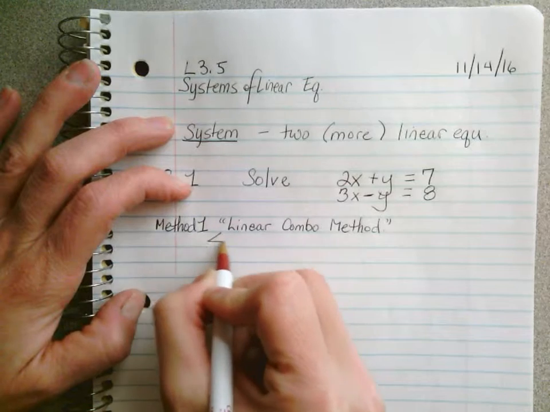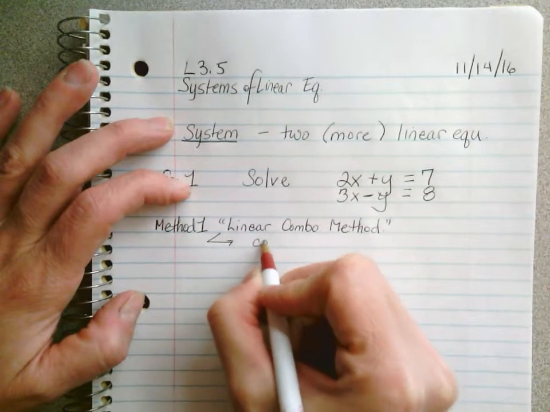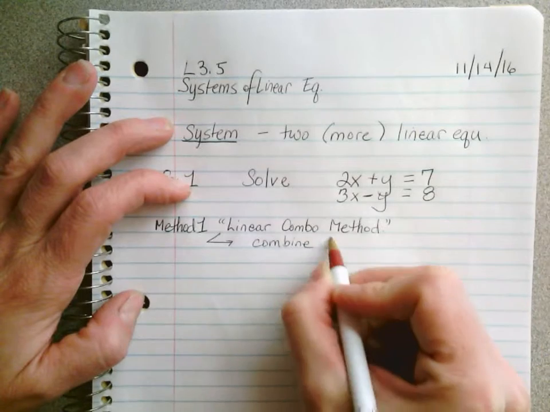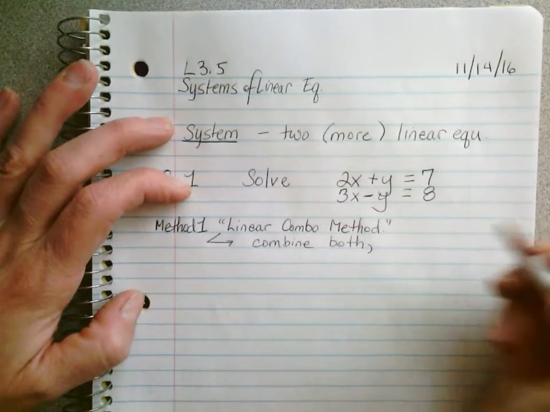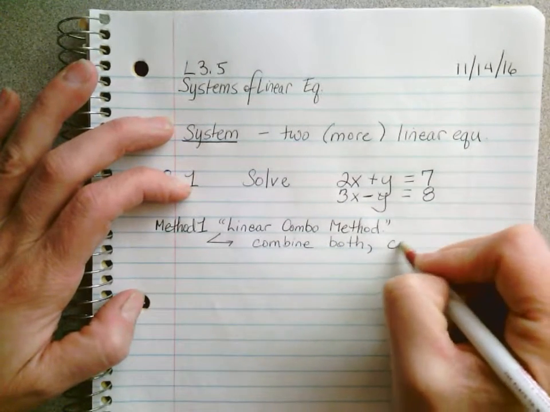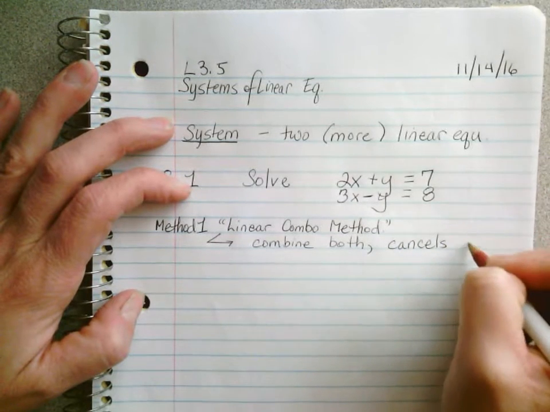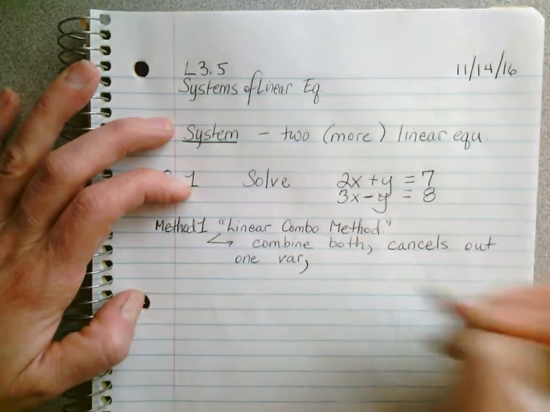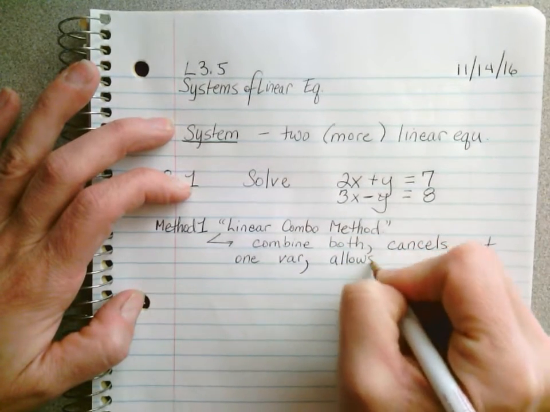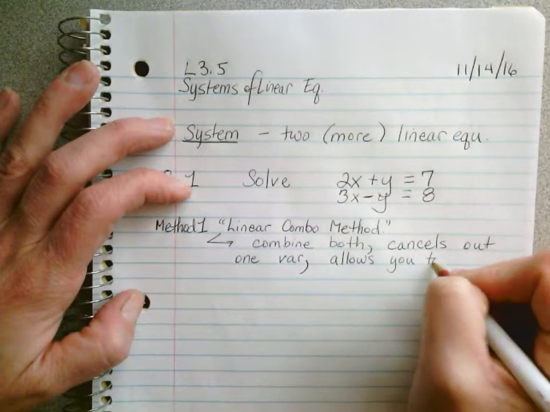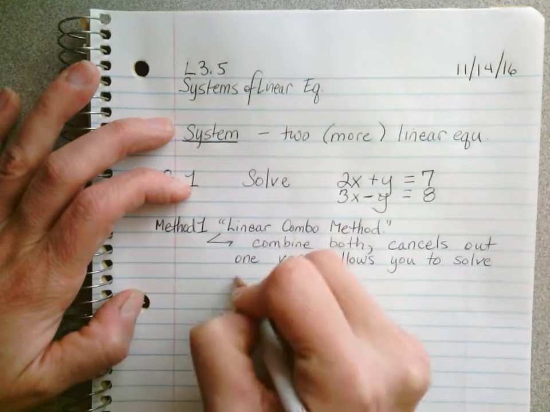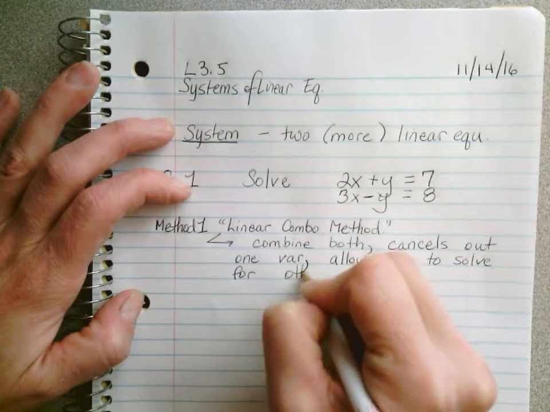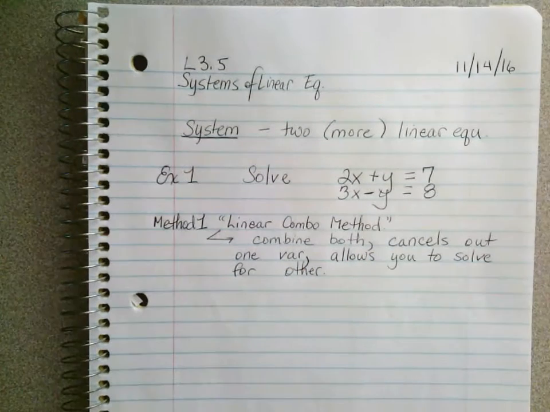The purpose of which is to combine both systems, which then cancels out one variable and allows you to solve for the other one. Once you have the other one, you can plug in and get the one you need. So it would look something like this.